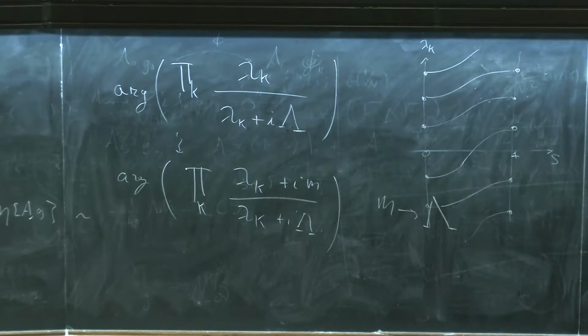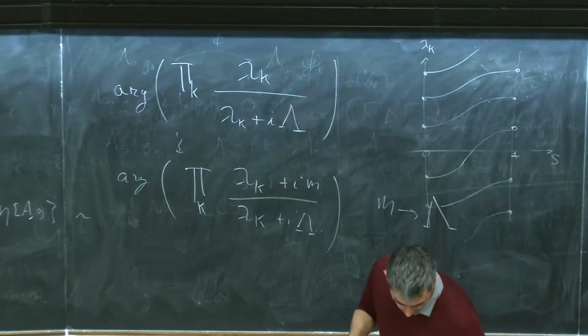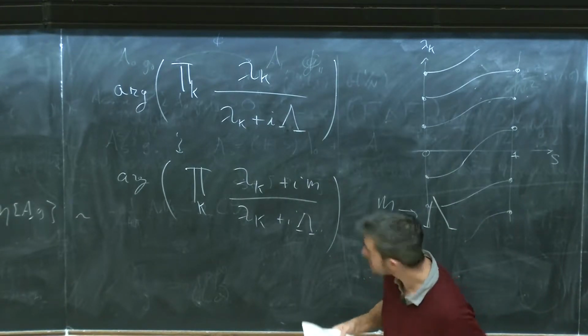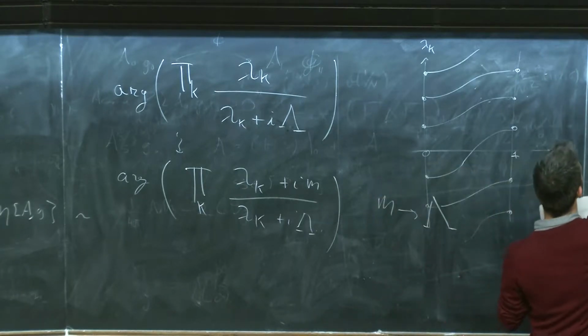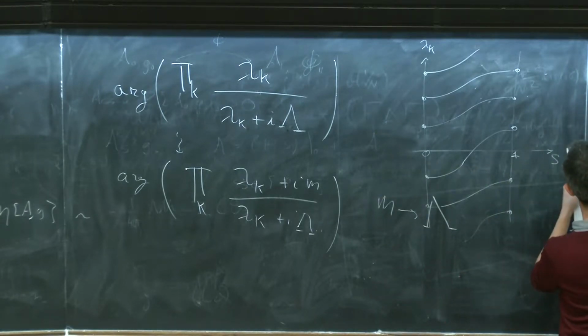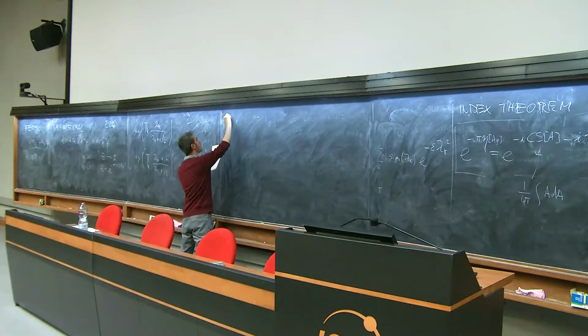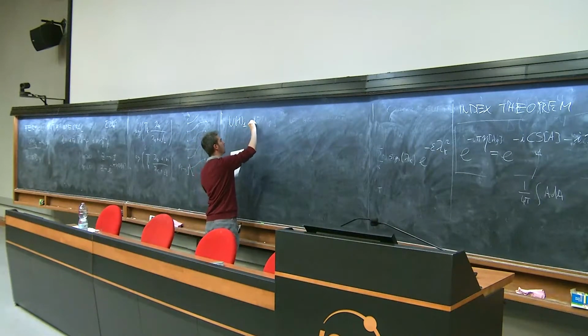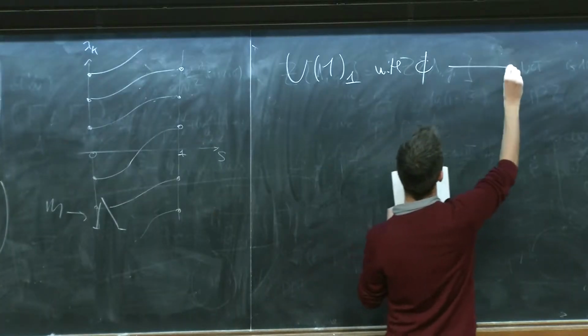So yesterday we presented this bosonization duality. And so we said, U(1) level 1 with a scalar.